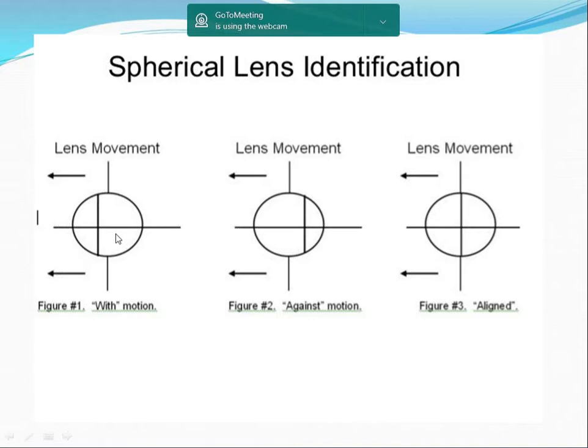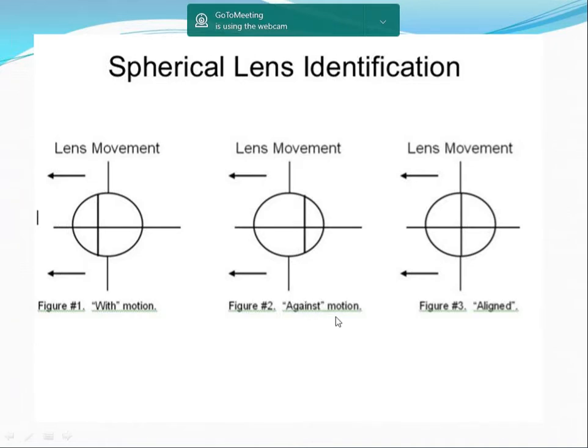That means you are moving your lens in a particular direction, and when you are looking through it, the image of the object you are looking at is also moving in the same direction. It is called the with motion. Then there is another one, that is against motion. That means you are moving the lens towards one side, and the image which you are looking at through the lens is moving in the opposite direction.